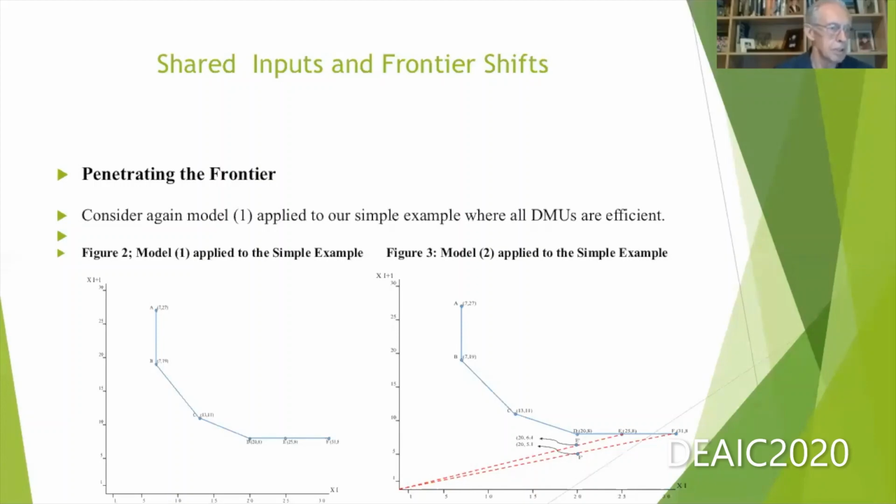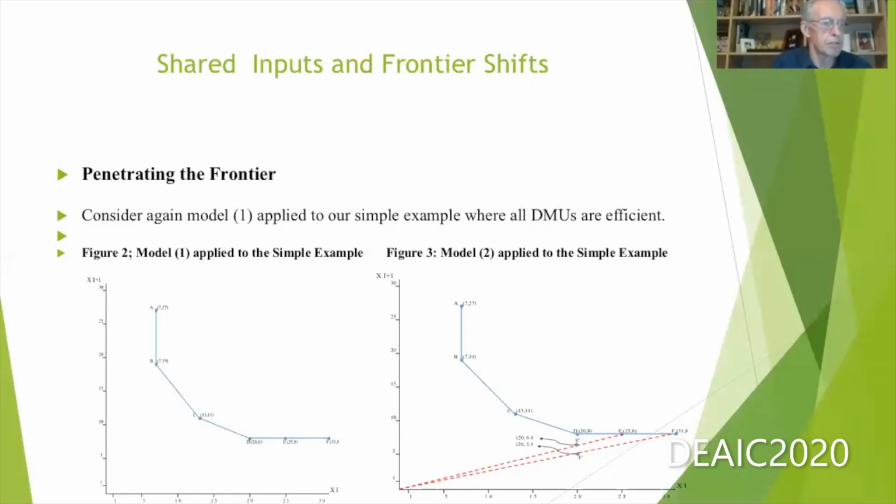In the conventional CCR Model 1, as reflected in Figure 2, we note that any projected value of theta x_ij naught cannot be less than the minimum of the x_ij's. Hence, the projection must stay inside the frontier and its extensions. Thus, the projection is guaranteed not to push through or penetrate the frontier.